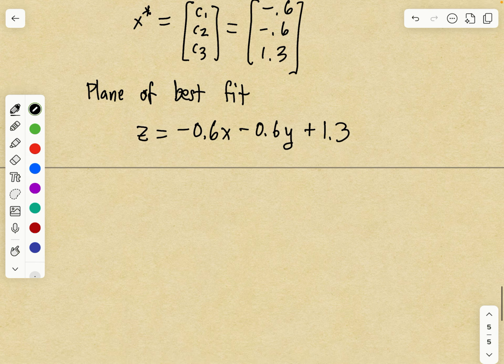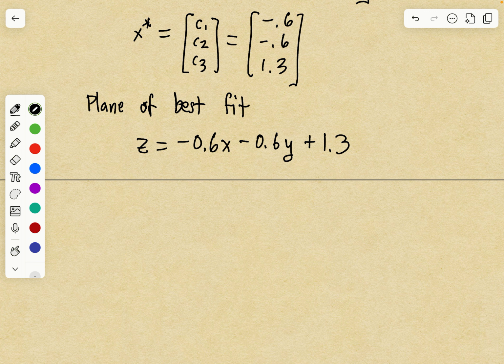And you can do the same thing for data points with n components, right? You're going to find the best n-1 dimensional space or hyperplane, the so-called hyperplane of best fit, through those data points.